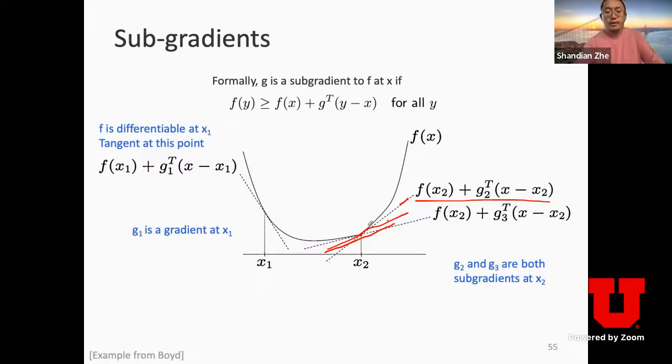For example, you can use g2, you can use g3, or you can use any slope in between. And it turns out that you can use the subgradient to optimize the objective function. The convergence guarantee is still there. There's no change.